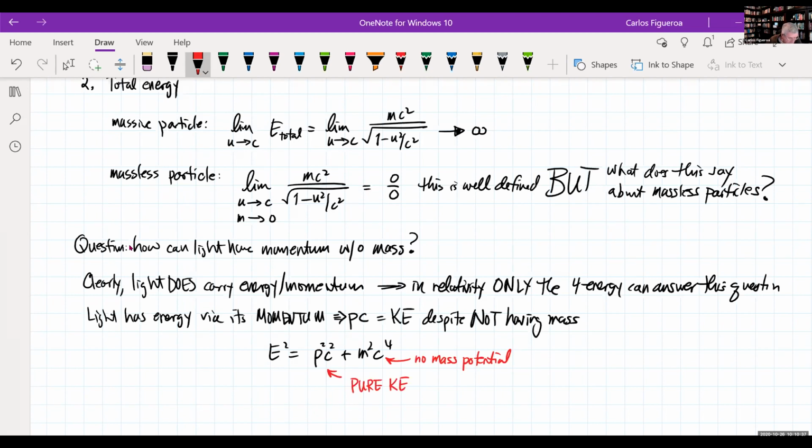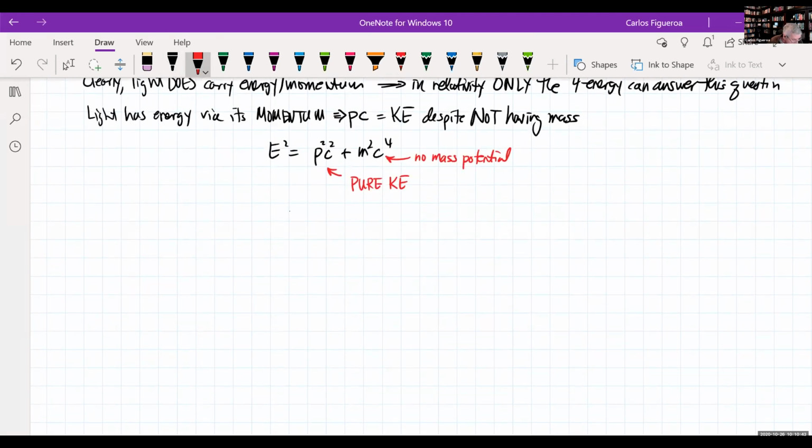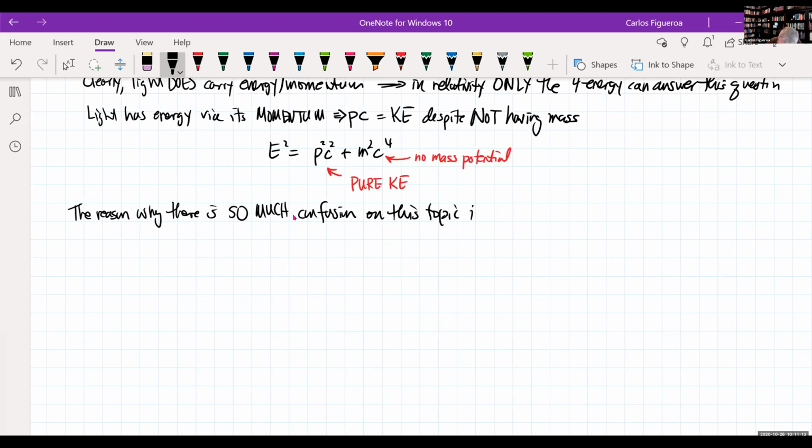But there's a lot of confusion, right? And the reason why I think there is so much confusion on this topic is because of momentum.